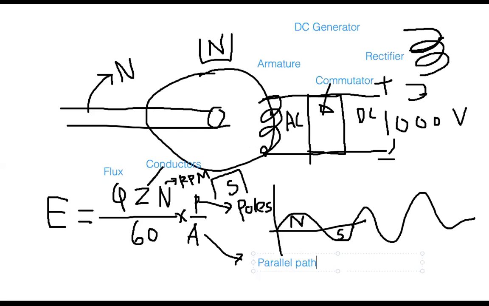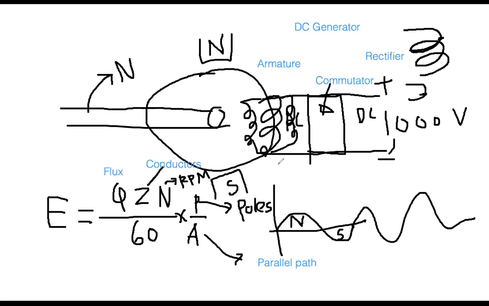But in real practice, there can be another set of coil placed in parallel. For example, in case this does not work, then this will work, or there might even be another set of coil. These are called the parallel paths. So A is the number of parallel paths. How many parallel paths are in the coil?